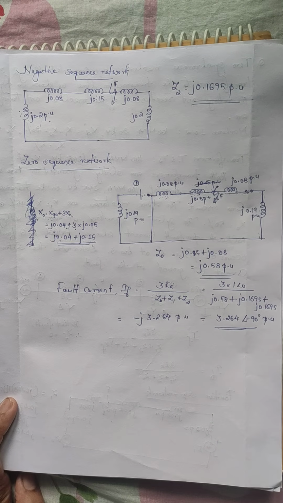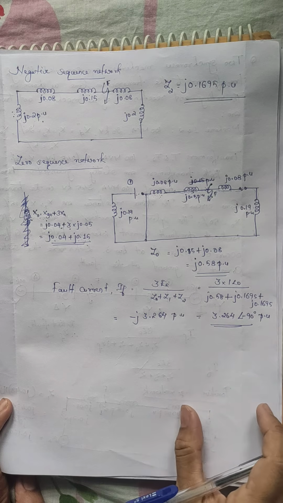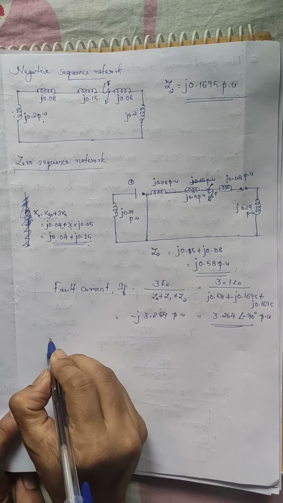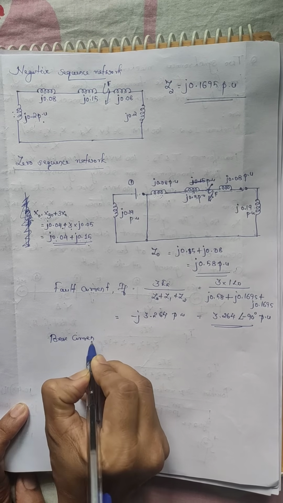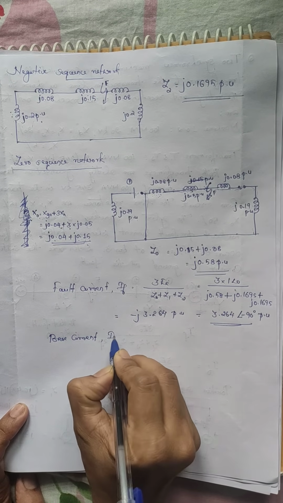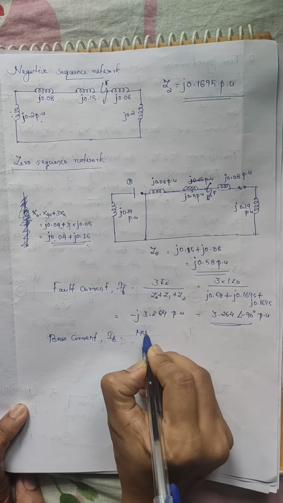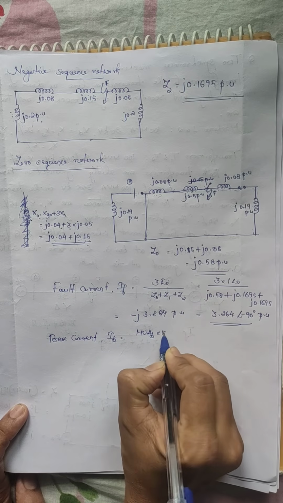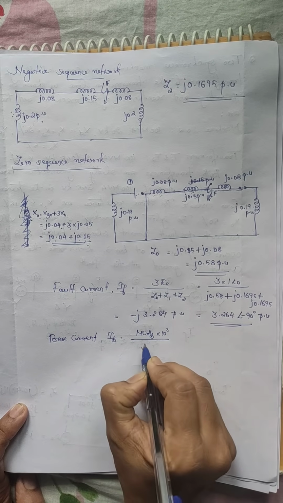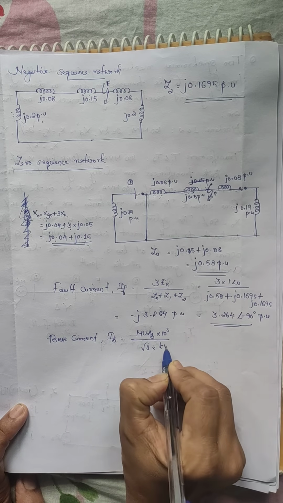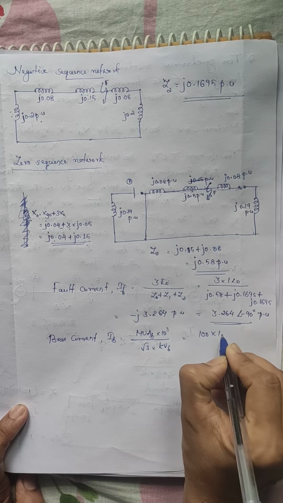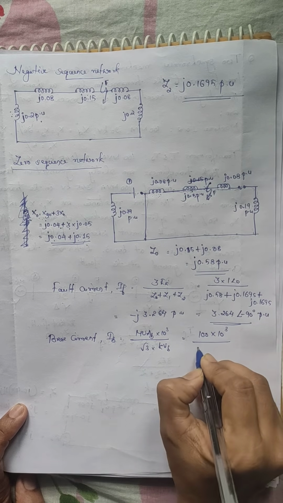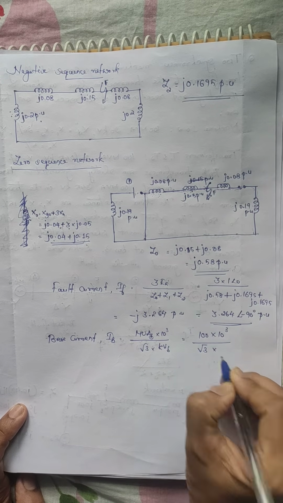Now we have to calculate the actual value. For that we need the base current. Base current IB is equal to MVA base into 10 raised to 3 divided by root 3 into kV base. The MVA base was 100, so 100 into 10 raised to 3 divided by root 3 into kV base.